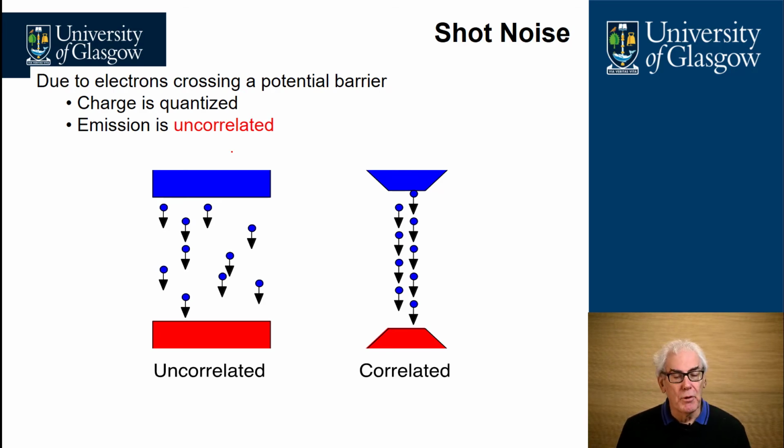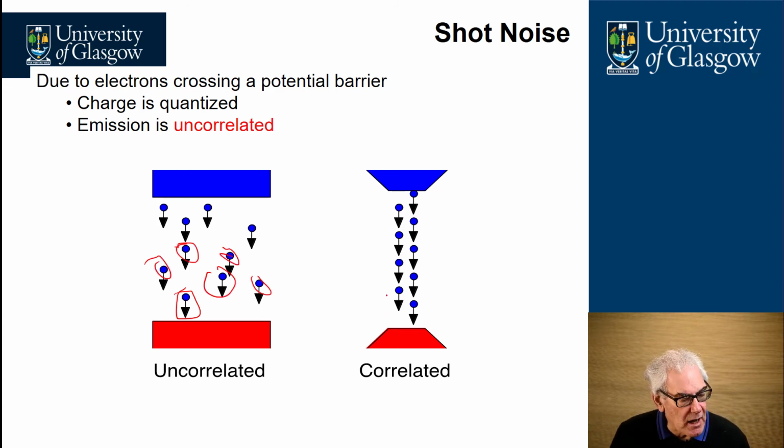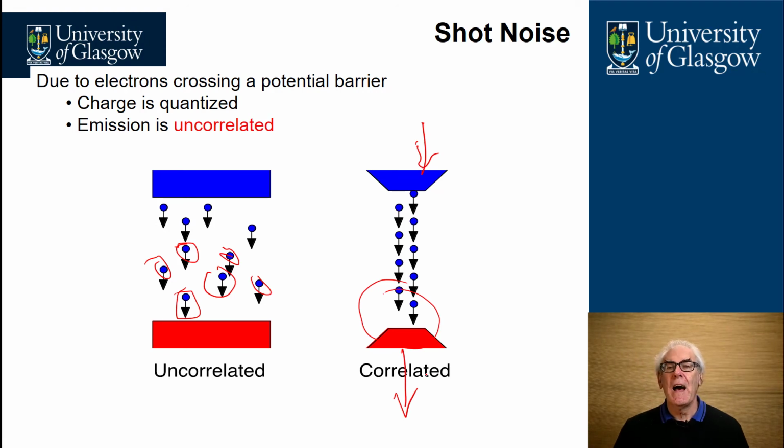Going from the blue area at the top to the red area at the bottom, the electrons will arrive at random times. Whereas if they're crossing a resistance, then we end up with correlated charges because the current flow going in and the current flow coming out happens at pretty much exactly the same time. So one electron in, one electron out.